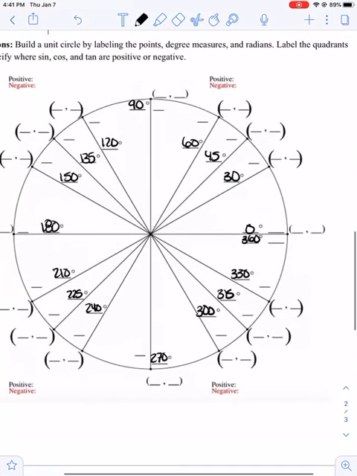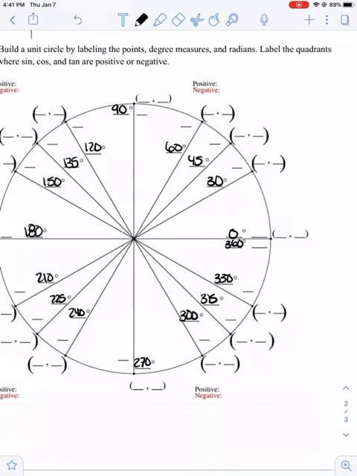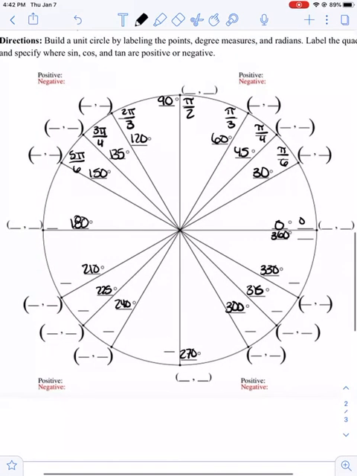All right, now we're going to do the radians. So 0 is just 0. 30 is pi over 6, pi over 4, pi over 3, pi over 2, 2 pi over 3, 3 pi over 4, 5 pi over 6, pi.